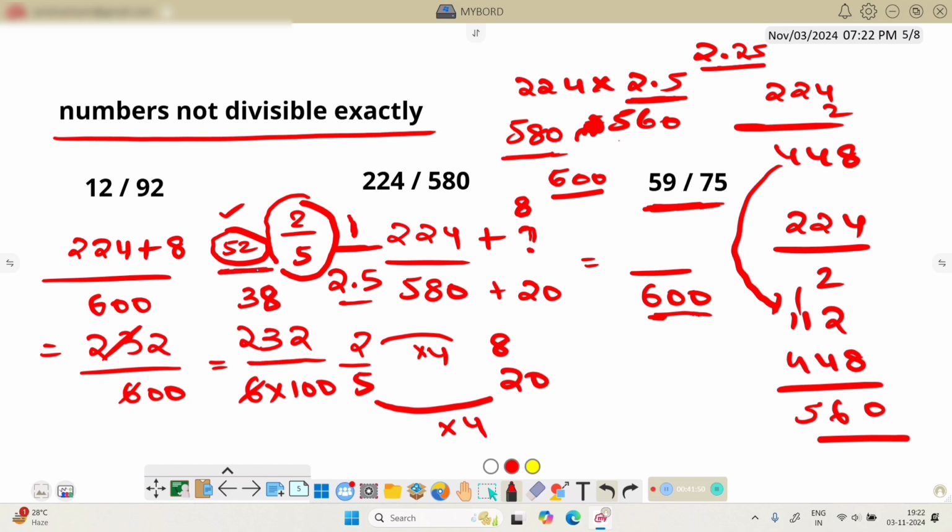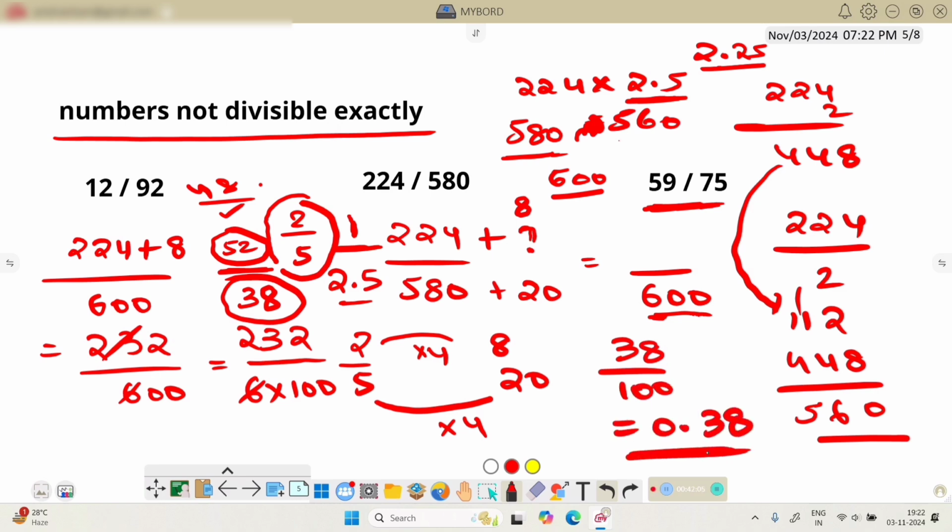Okay, so 52 and 48 is a nearer number, no? So you just write 8 here. So here 38 by 100, that is nothing but 0.38. Okay, if you type in the calculator, the same answer will come. Okay, so if you don't understand this trick, once you just rewind and watch it again.